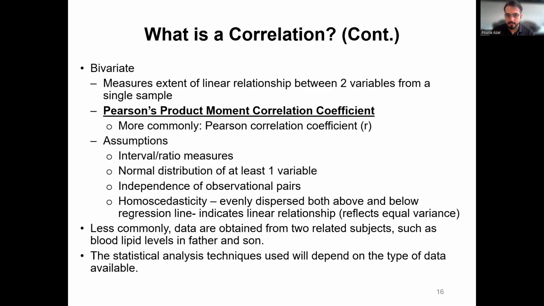Homoscedasticity means evenly dispersed both above and below the regression line, which indicates a linear relationship. It reflects equal variance, so homoscedasticity is the homogeneity of variance. We also have this for Pearson's correlation coefficient.